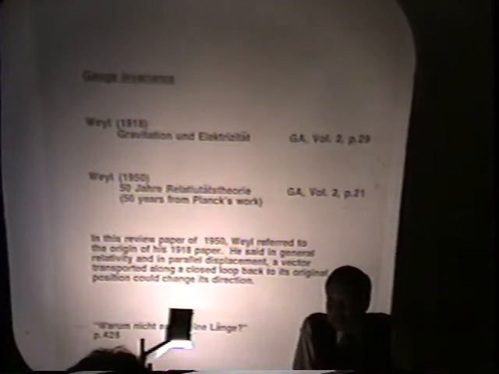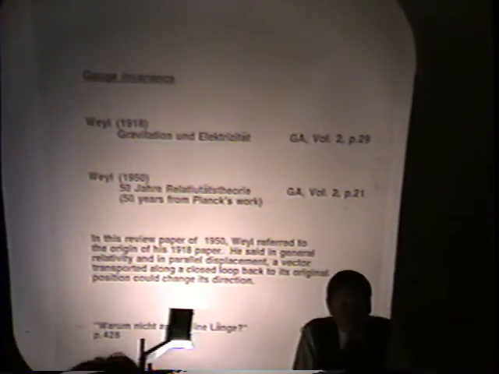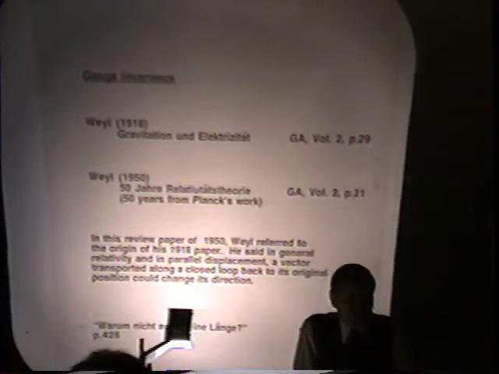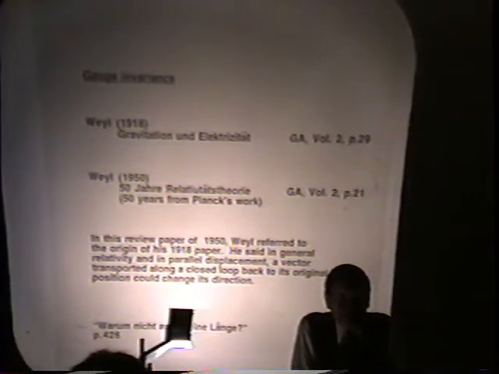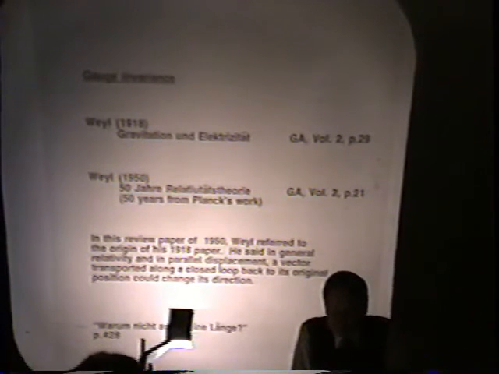So they were talking about parallel displacement, and that included Levi-Civita, included Weyl himself, and another mathematician whose name I think is Hessenberg. Does that ring a bell? Hessenberg also. Anyway, people talked about the parallel displacement.